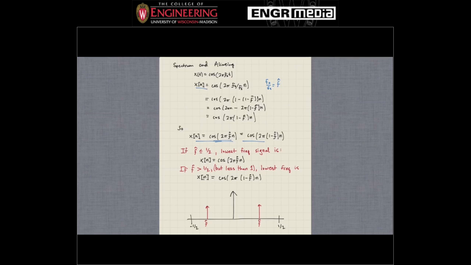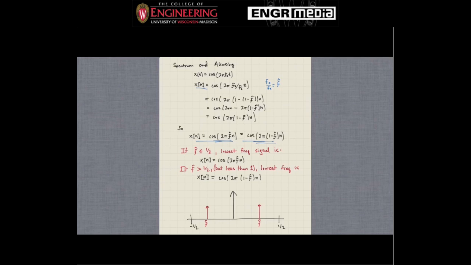But if f hat is greater than 1/2, for example 3/4, then actually the second sinusoidal signal will be at a lower frequency. If we had 1 minus 3/4, that would give us a digital frequency of 1/4. Right? That's a lower frequency sinusoid. And so if we were doing ideal reconstruction, we'd prefer that sinusoid on the right.